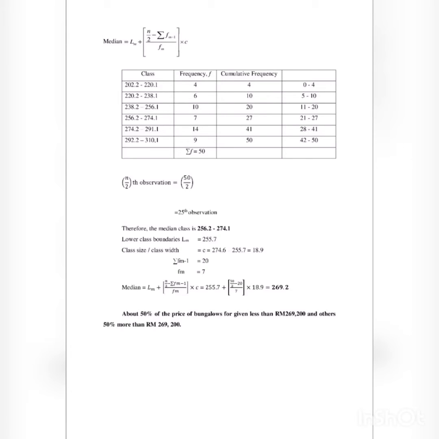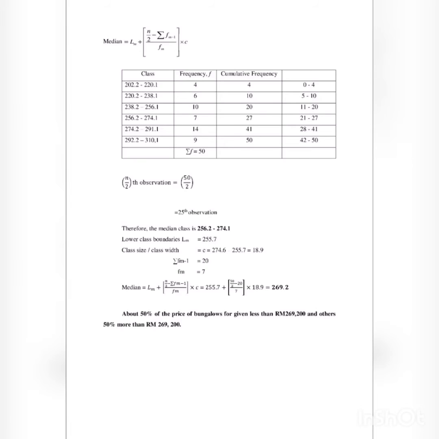So first we must find the location of the median class. So n over 2, and we get the answer 25th observation. So the median class is 255.2 until 274.1, and the lower class boundary is 255.7, the class size is 18.5, and the cumulative frequency before the median class is 20 and the frequency is 7.